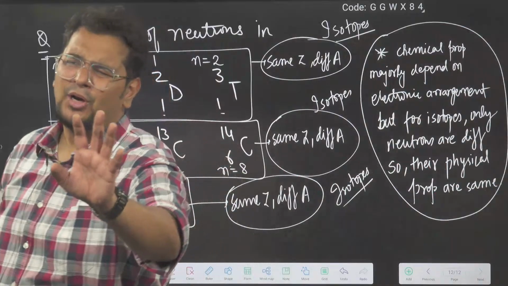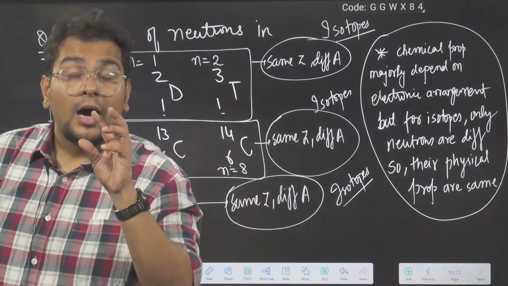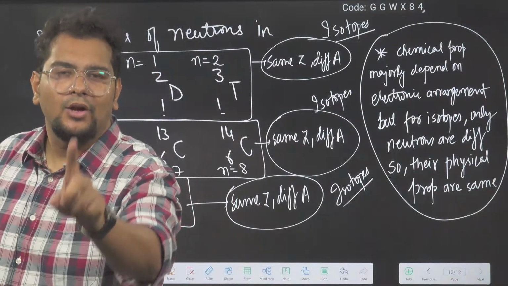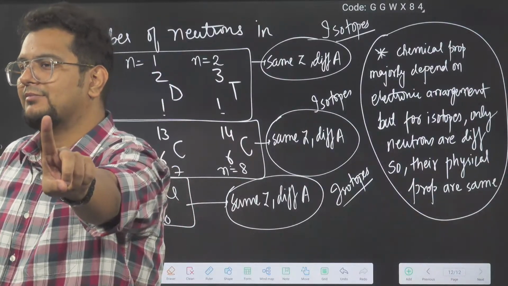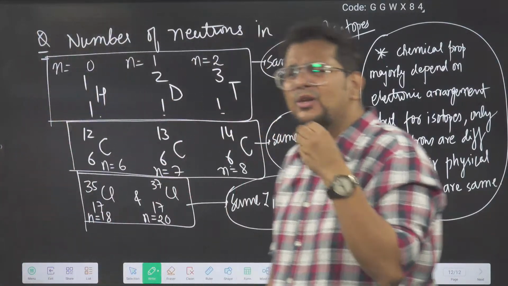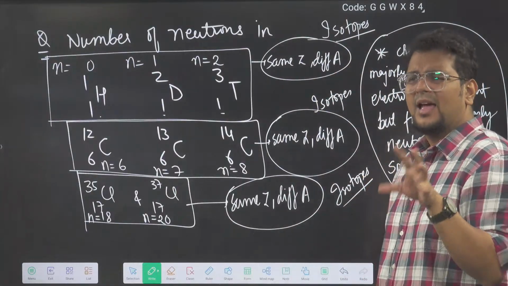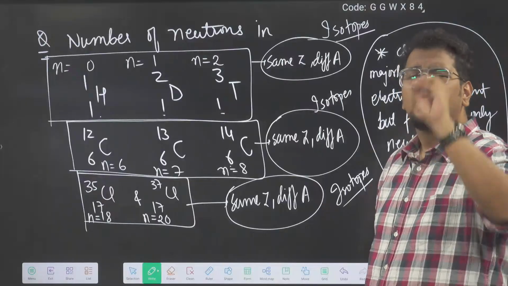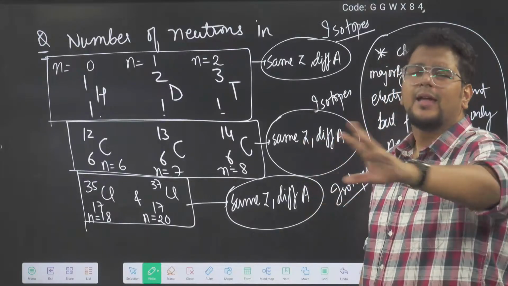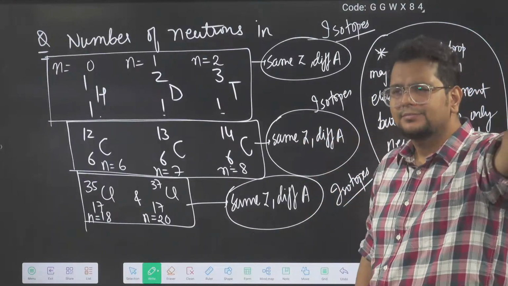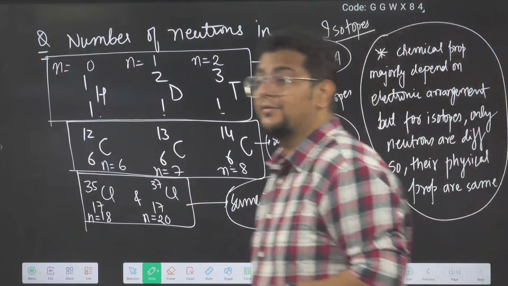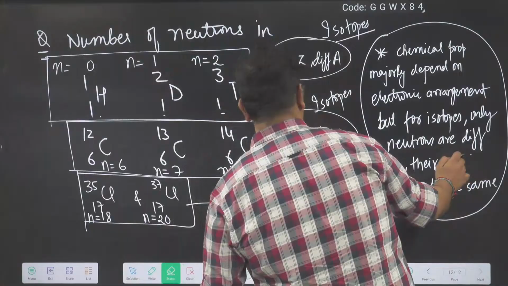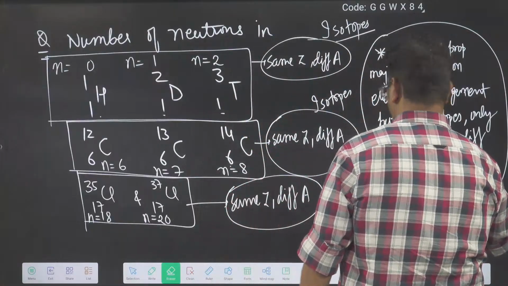Chemical property depends upon electronic arrangement. Isotopes have same proton, same electron number, only neutron different. And neutron does not play much role in the chemical reaction. You can assume neutron plays no role in the chemical reaction in your syllabus. So isotopes will have same chemical properties.